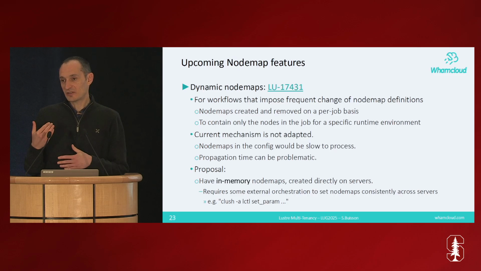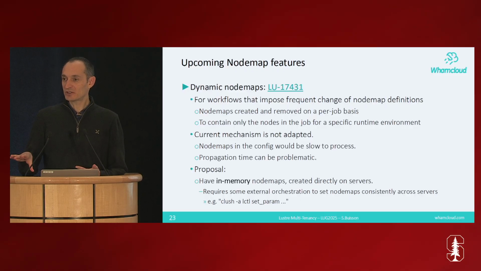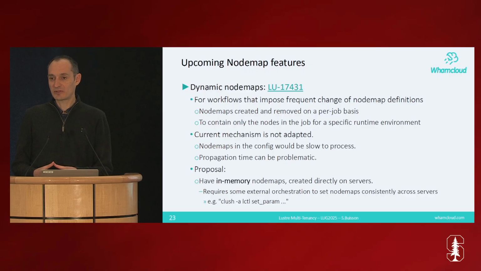In this case, it means that we are going to modify the node map configuration very frequently. And we have this propagation time from the MGS to the other nodes, and it can be a problem in this case. So the idea with dynamic node maps is to create node maps in memory only, and it means not on the MGS, but directly on OSS and MDS side.